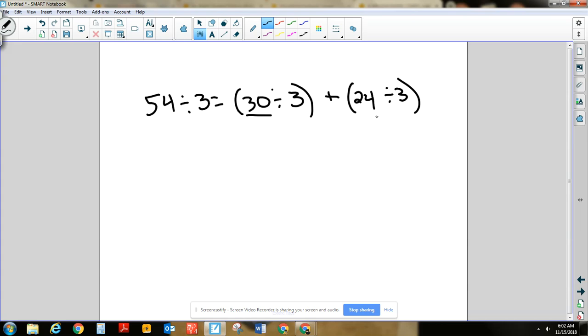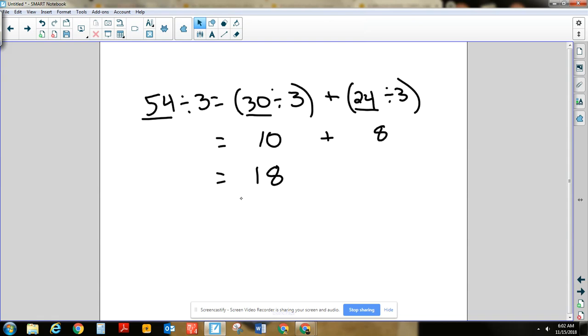So here is my 54. I'm still dividing by 3. 30 divided by 3 is 10, plus 24 divided by 3, well, that's 8. So 10 plus 8 is 18. So this is really a nice way to break up these problems using our knowledge of basic multiplication and basic division facts.